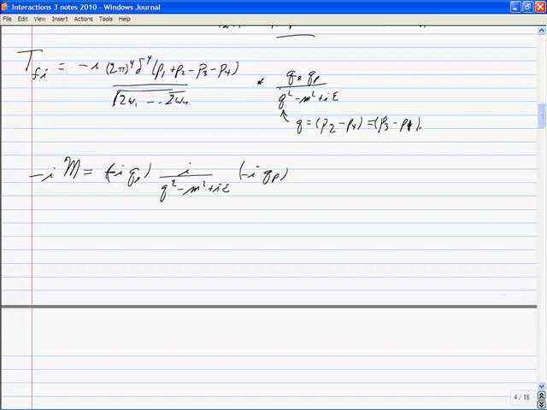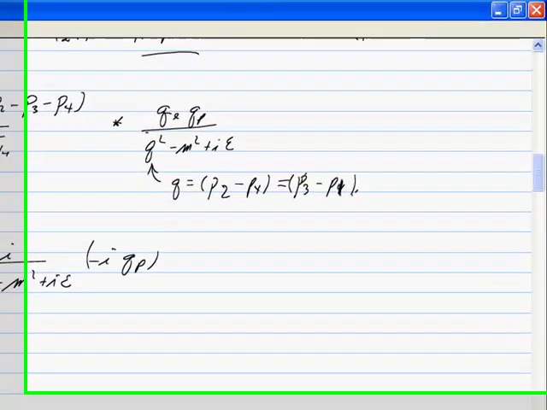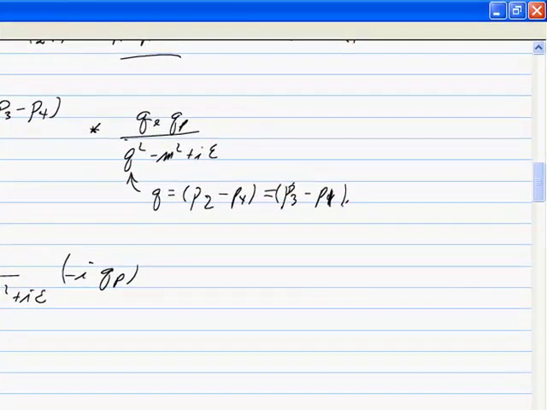Those are the factors. And you see the i and minus i that I just added cancel each other off.